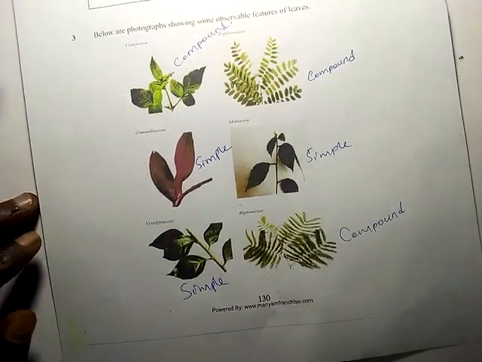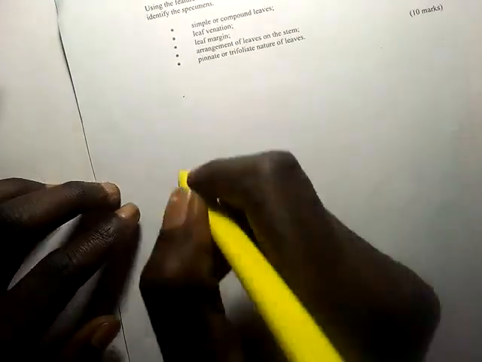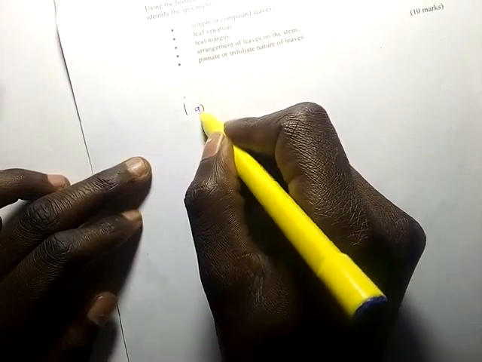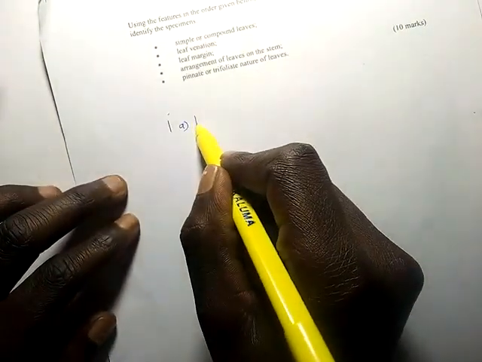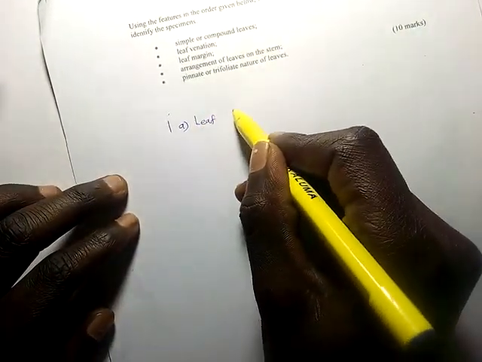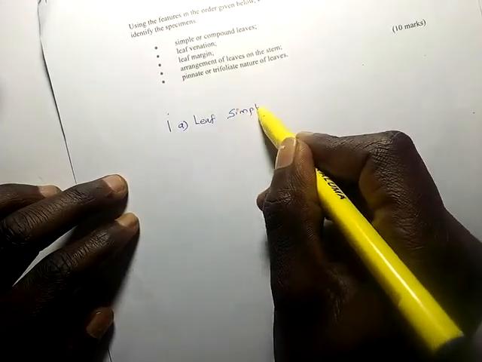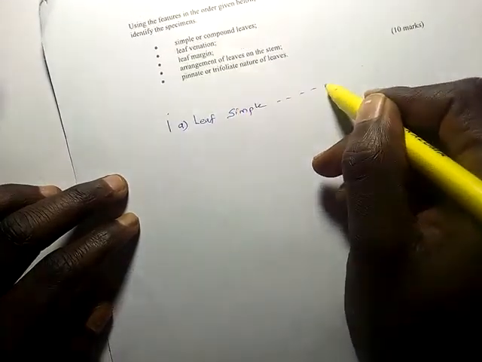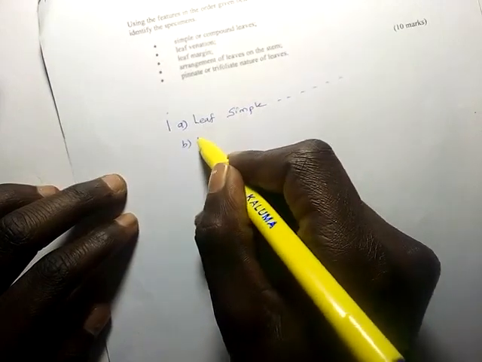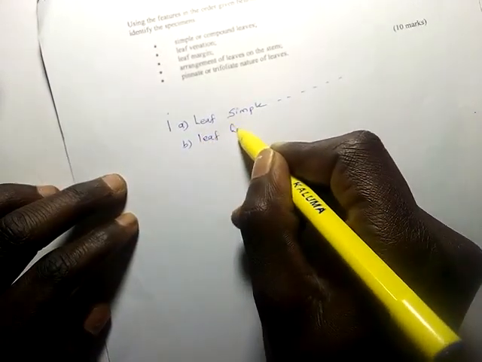Now let's start by constructing. You say 1A leaf simple, and then B leaf compound.